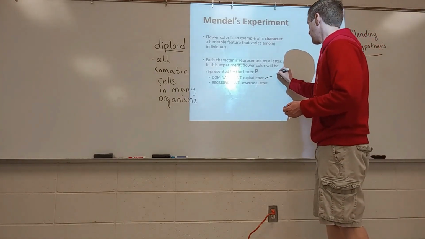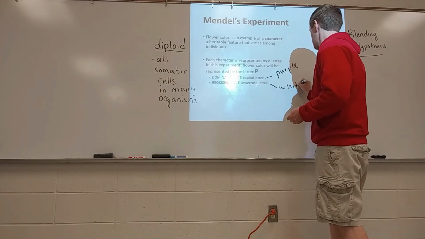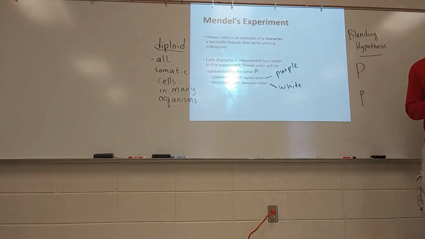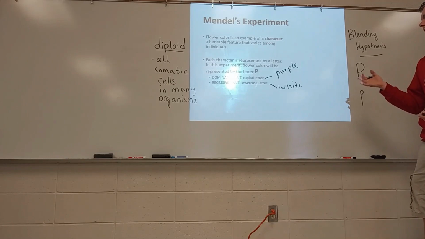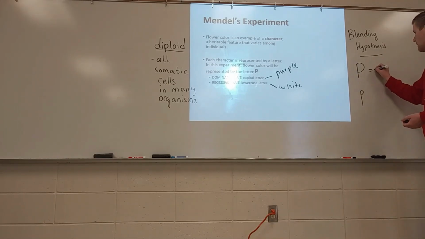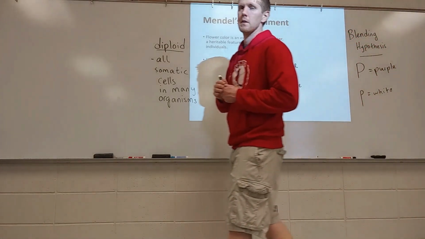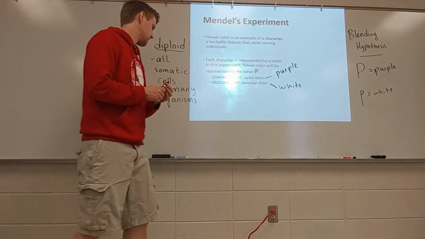And in this example, in Mendel's experiment, purple petals, purple flowers, are the dominant trait. White flowers are the recessive trait. So we use capital P to represent a copy of the gene for being purple, having purple flowers, and a lowercase p to represent the gene for white flowers.